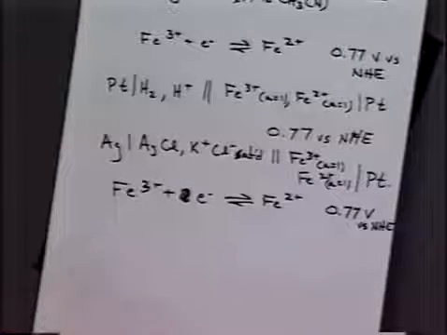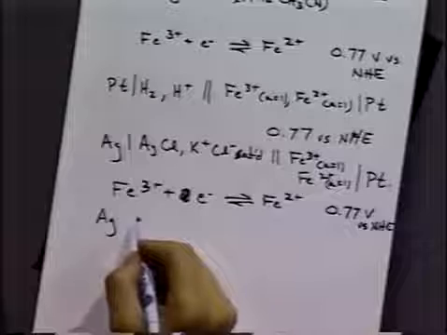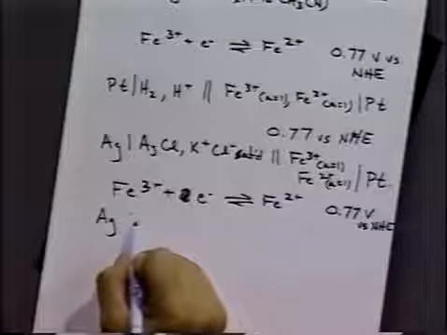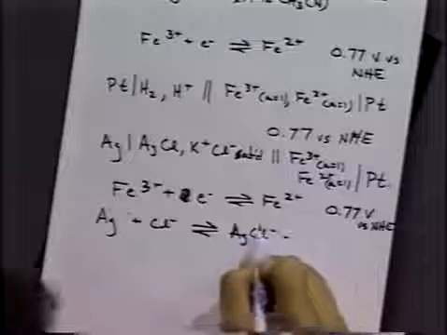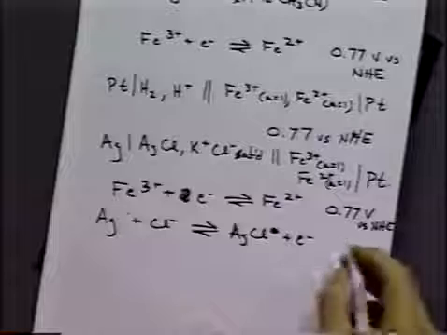And we can put in our silver chloride system. Now silver chloride is an oxidation, so we're going to write silver plus chloride ion going to silver chloride plus an electron.